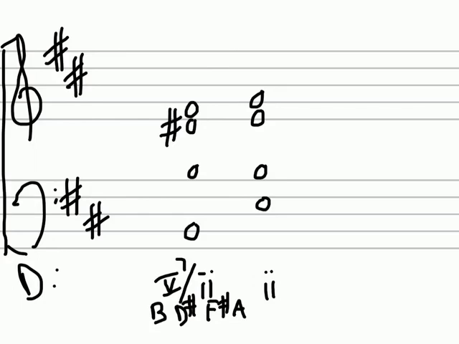And if I want a complete 5/7 of 2, the seventh of the 5/7 goes down, our temporary leading tone goes up, and now I can take that F sharp down as well. And that's how that works.